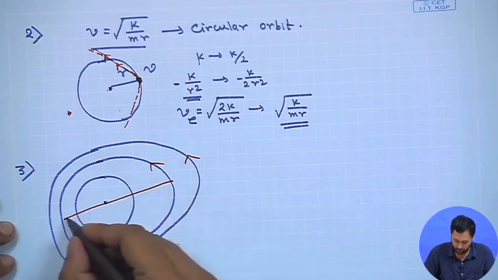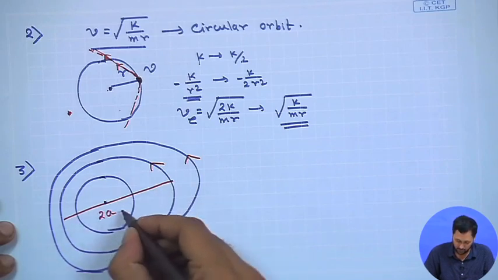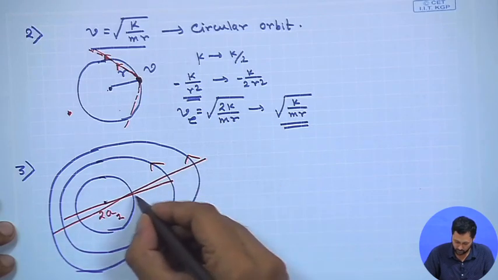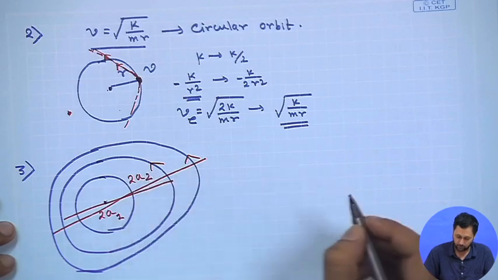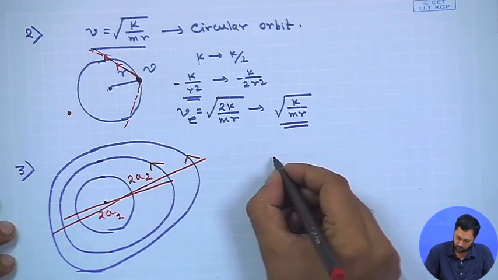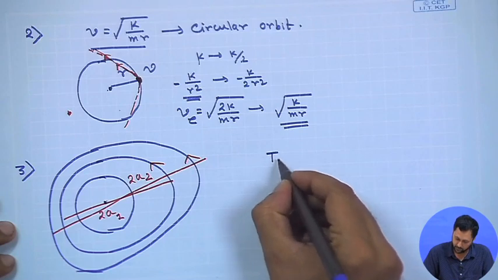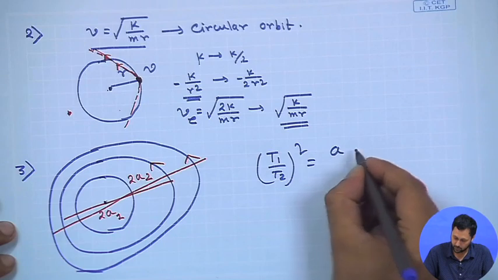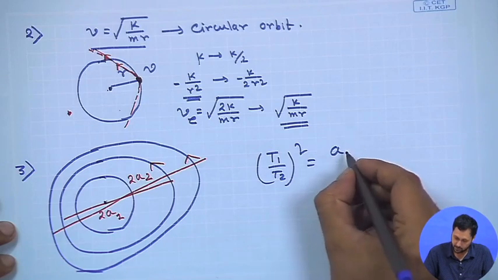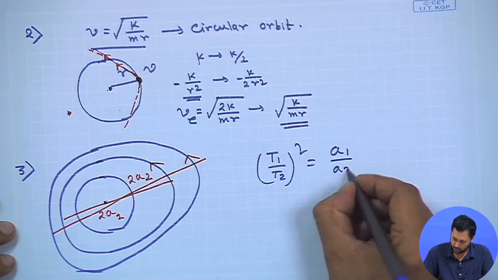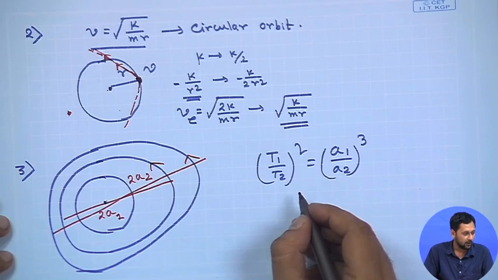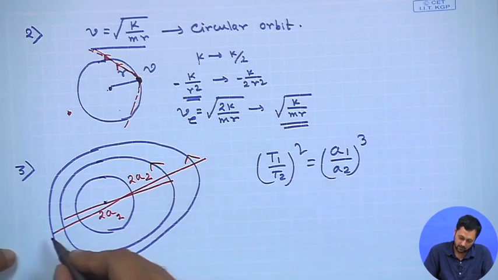If these are 2a for the first orbit and 2a for the second orbit, then according to Kepler's laws, T1 by T2 squared is equal to A1 by A2 cubed.